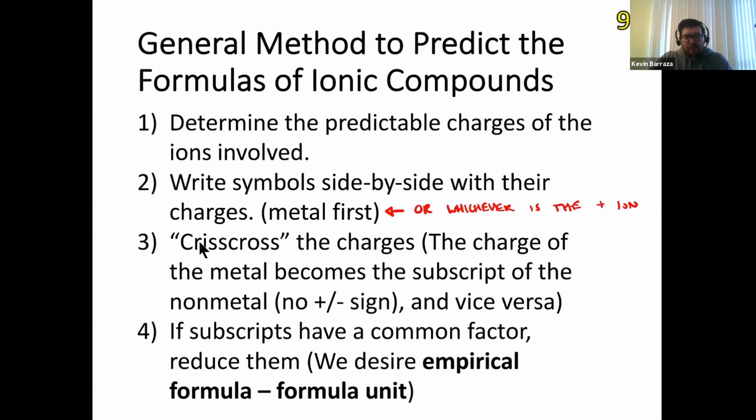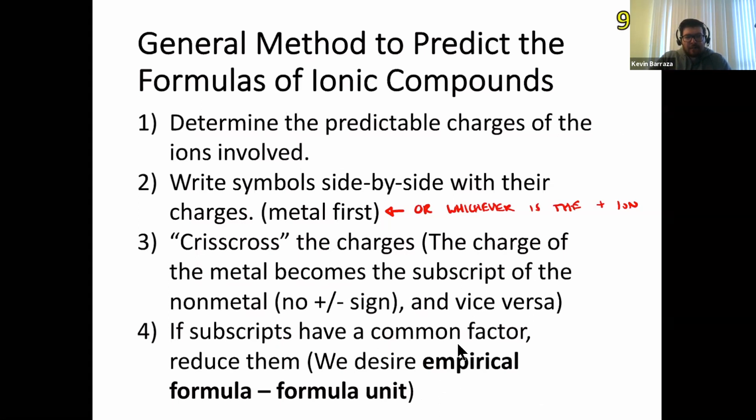Then what I like to call the crisscross method. We crisscross the charges, meaning the charge of the metal becomes the subscript of the non-metal, and we take away the positive or negative sign, and then vice versa. So whatever number you have there moves down to the diagonal. Whatever number you have on the right-hand side moves down and left and becomes the number on the diagonal.